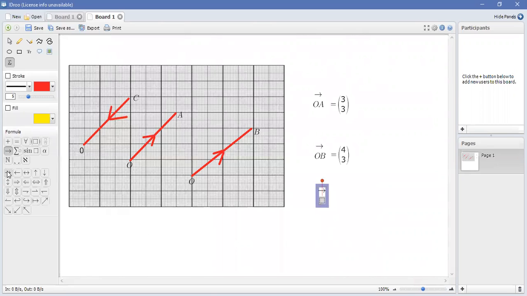So it's CO. Okay. The direction turns and goes back, pointing down. Very good observation. So what's the other number going to be?